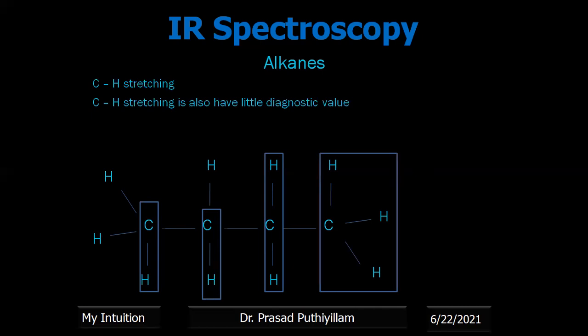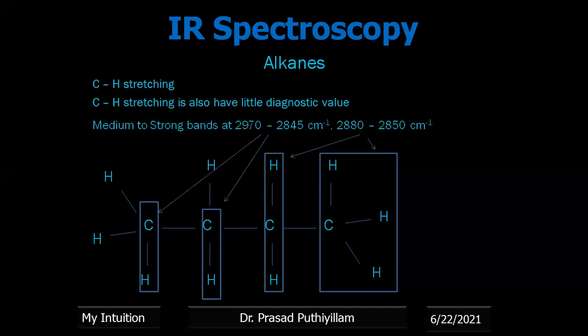So CH, how you can call it, as an isolated CH, or a CH affected by a nearby carbon or group. All those different types of stretching vibrations are possible, and they also have very little diagnostic value. They give medium to strong bands at around 2970 to 2845, as well as 2880 to 2850 centimeter inverse.